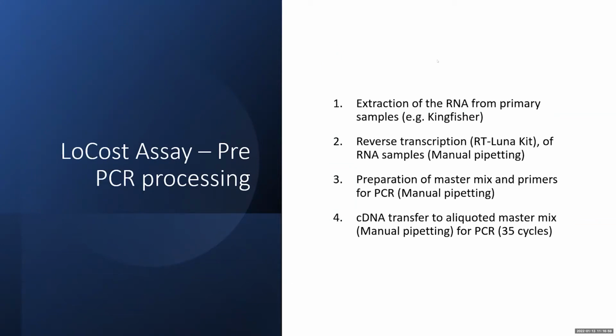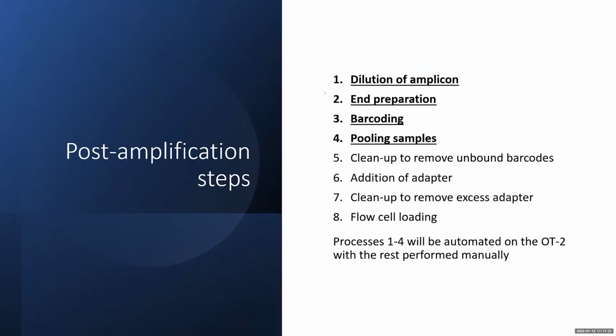For this, at the moment, I still maintain this as a manual processing step, predominantly because in a lot of cases, we will have RNA samples that are stored separately or require manual manipulation. Admittedly, it is possible to run this stage as an automated process as well, but the main focus has really been on the post-amplification steps, which are done in a separate lab to avoid amplicon contamination.